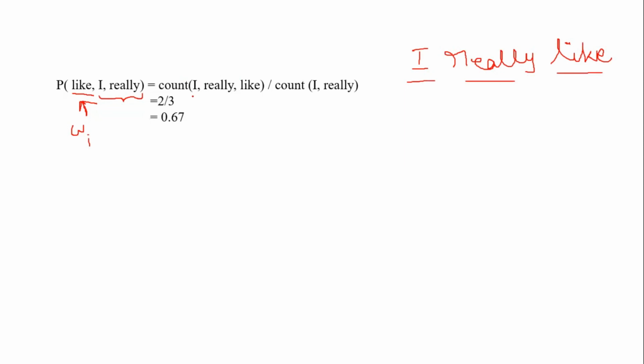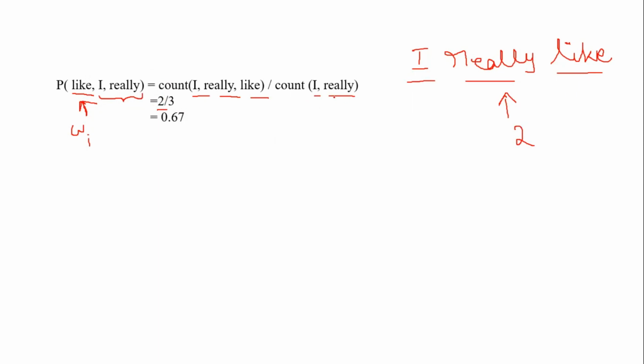So here it is the count of (W_{i-2}, W_{i-1}, W_i) divided by the count of (W_{i-2}, W_{i-1}). You need to find out how many times "I really like" occurred together. If you observe the corpus, you can find that "I really like" occurred twice, so you write this as 2.